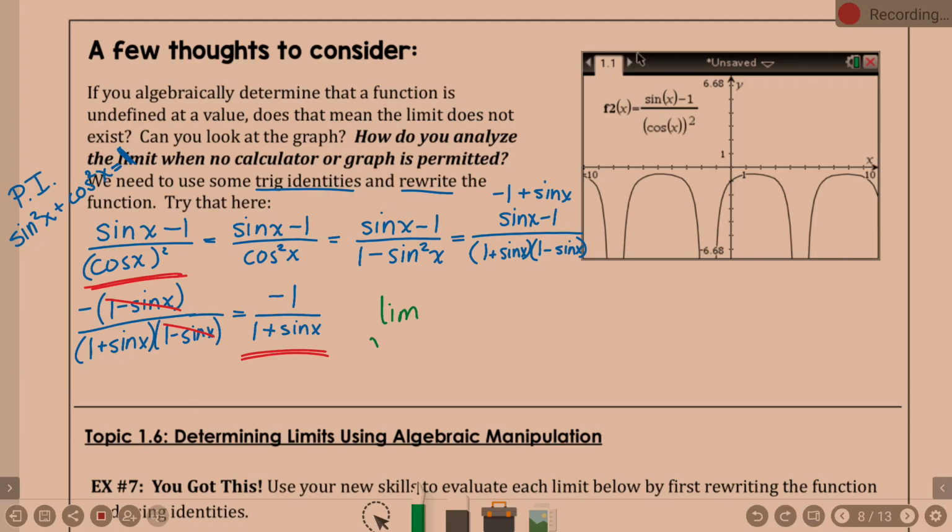So I'm just going to use x here. And it was of this, the sine x minus 1 over cosine squared. This is equal. So now I can plug in and use the -1 over 1 plus sine x to do my limit.